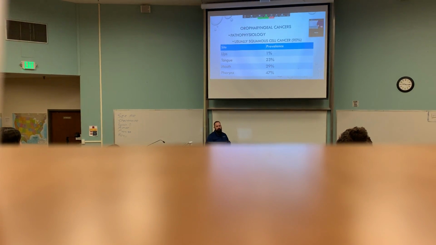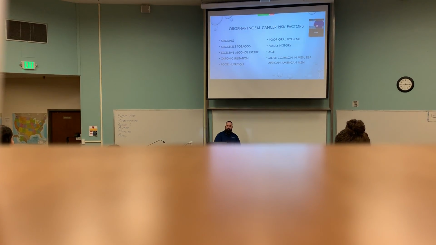Okay, alright, so let's talk mouth and pharynx. You typically see cancers more like here than more up here, right? So cancer risk factors, we're going to beat these into the ground because you're going to see them a ton. Smoking, smoking, smoking, smoking, smoking. Smoke with tobacco, alcohol intake.